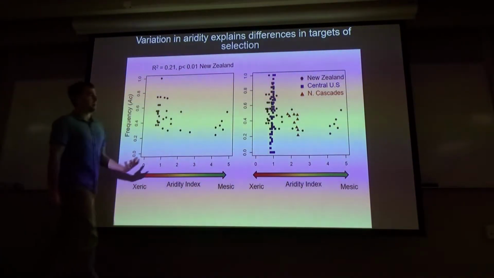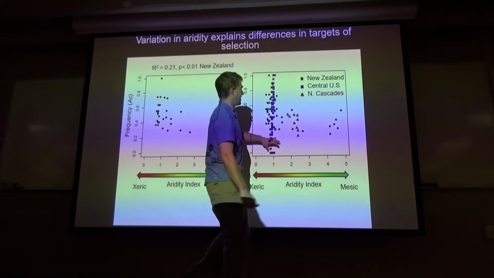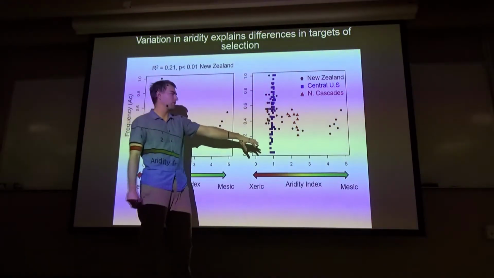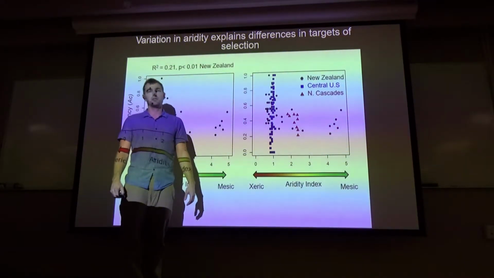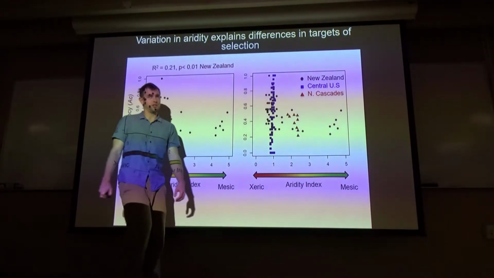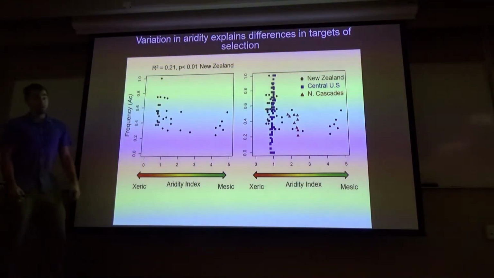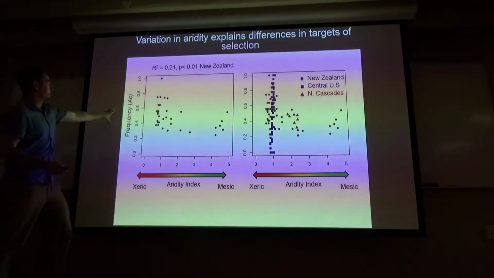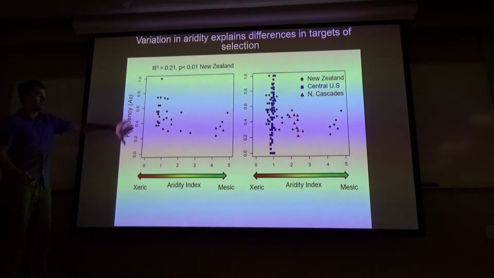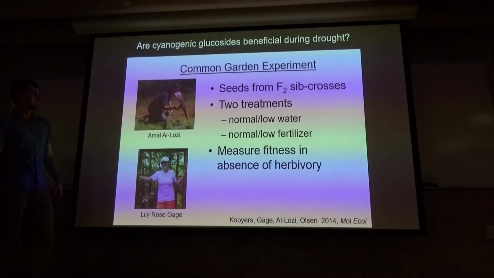We don't see that same pattern in the central US or in the North Cascades because there's almost no variation in aridity in those two areas. If you look from Louisiana to Wisconsin, there's a lot of precipitation across that same gradient, although at somewhat different times of year. But we don't see that same pattern between cyanogenic glucosides and aridity index there.